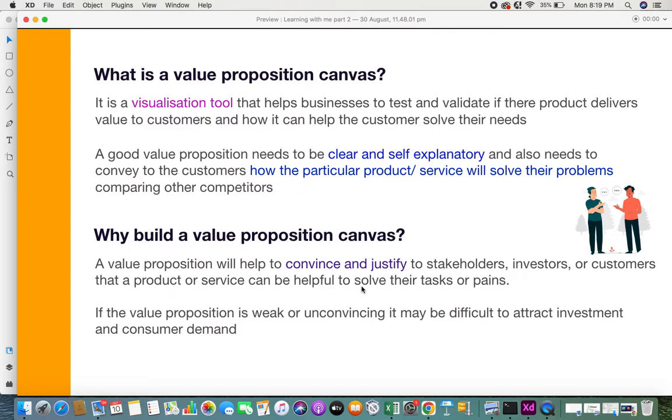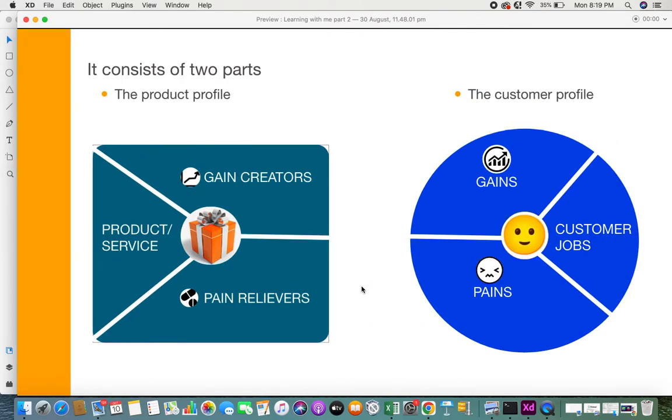Going on to the parts of a value proposition canvas, there are two parts. The first is the product profile and the second is the customer profile. In the product profile, there are three sections. The first is the product or service description, where you list what your product or service is.